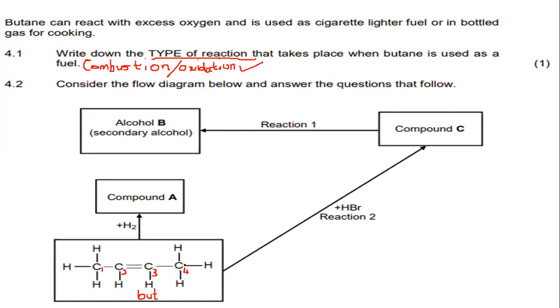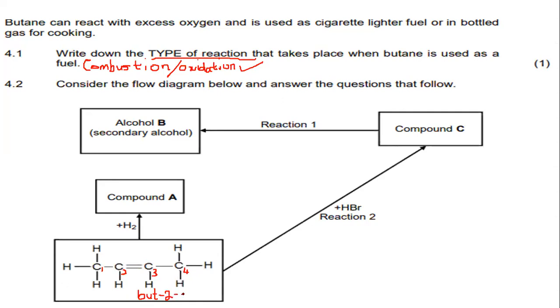Even if I were to number from right to left, and this would then be carbon 1, carbon 2, carbon 3, carbon 4, I will still get the same results. The double bond would still be between carbon 2 and 3. So the lowest numbered carbon is then 2. Then I show them the position of the double bond, and it is on carbon number 2.